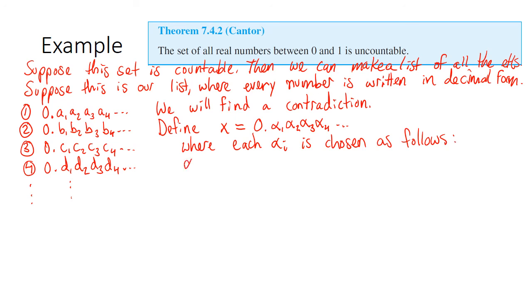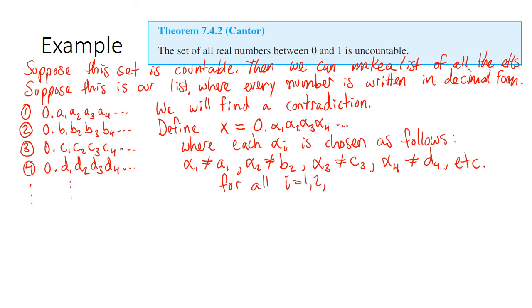Alpha 1 is chosen to be different from A1, alpha 2 is chosen to be different from B2, alpha 3 is chosen to be different from C3, and alpha 4 is chosen to be different from D4, etc., for all I equals 1, 2, 3, and continuing infinitely. So every single digit of x is chosen so that it's different from one of these numbers on the list.